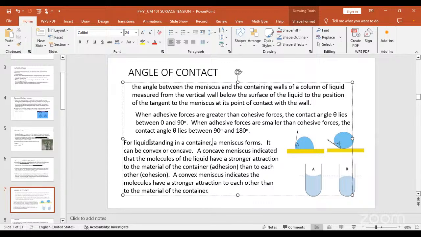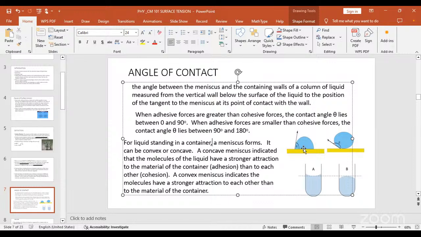When cohesive forces are smaller than adhesive forces, the angle lies between 90 and 120.